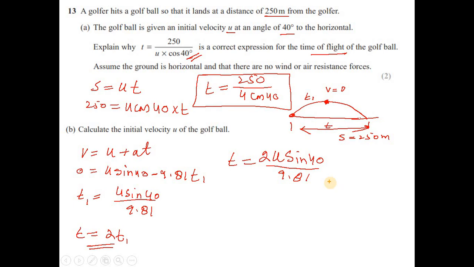Moreover, we have already derived the equation for the total time in the previous part. So t is equal to 250 over u cos 40. So we can compare equation 1 and equation 2. So you can say that 250 divided by u cos 40 equals twice u sine 40 divided by 9.81.